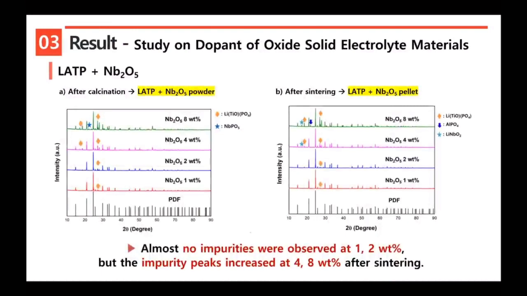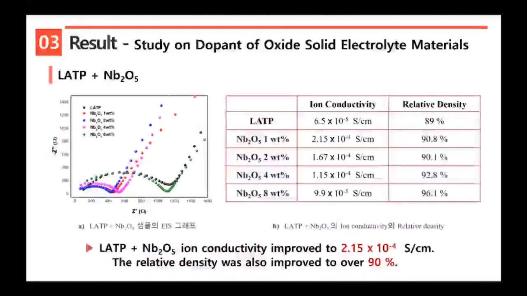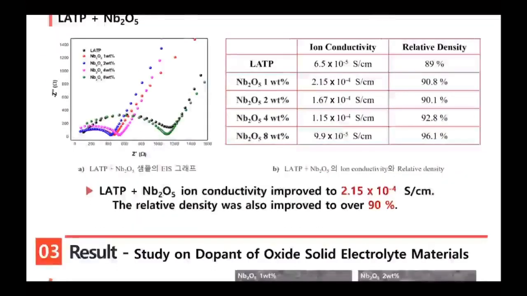Third, these are characteristics when niobium is added. The XRD of the 1-2 weight% pellet is cleaner than that of the powder, showing that high purity synthesis was achieved after the sintering process. It can be seen that the relative density of the pellet with 1-4 weight% of niobium is improved to over 90%, and the resistance is greatly reduced compared to pure LATP. However, at 8 weight%, it can be seen that the ionic conductivity dropped again with a resistance similar to the basic LATP.